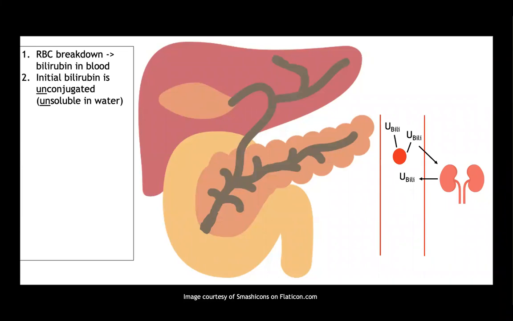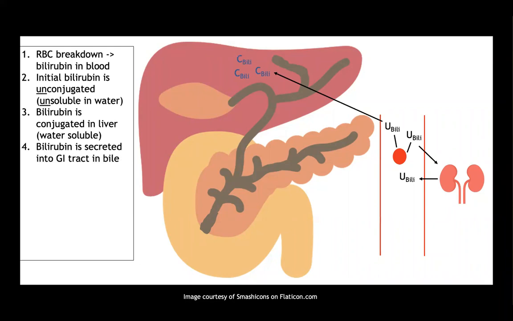So now we have this unconjugated bilirubin that can't escape. It's stuck in our bloodstream. So how do we get it out? Well, the good news is our liver has some enzymes that can conjugate this bilirubin. So it will get sent here, and you'll have our UDP glucuronosyltransferase that we'll talk about in the liver section quite a bit that conjugates this bilirubin.